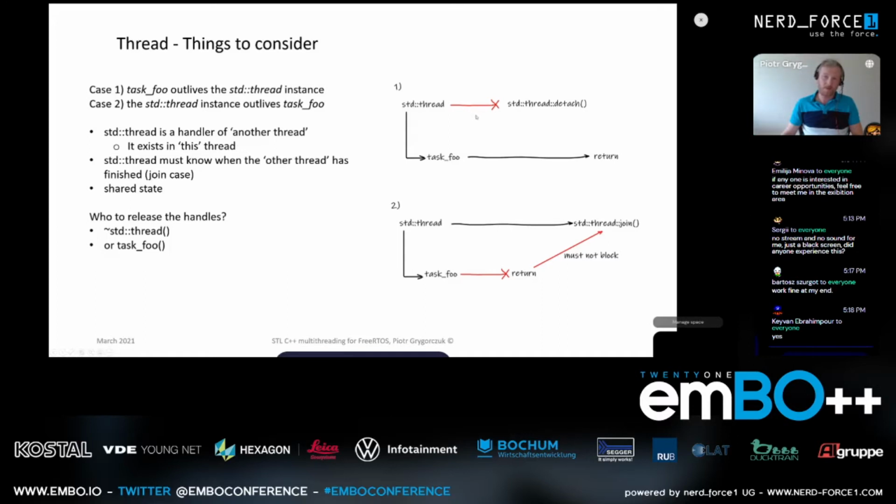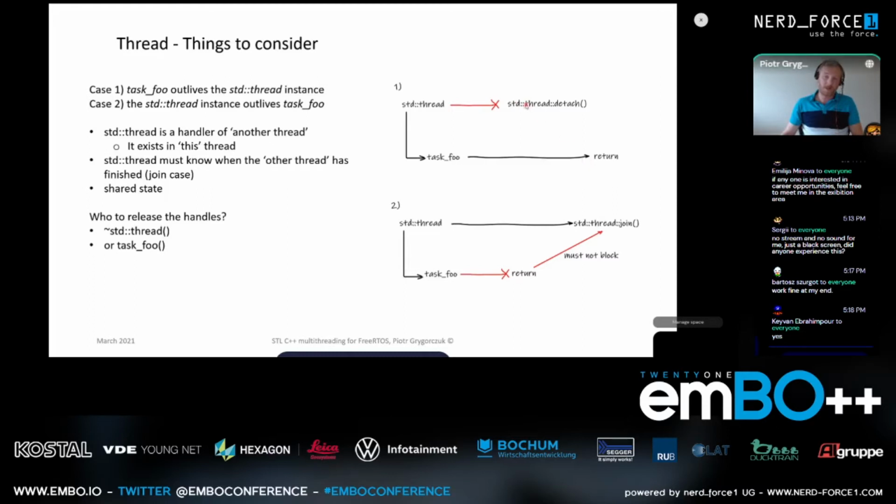Then I came to a problem of when the thread handles shall be allocated and when they should be released. For example, in the detach case, the thread can spawn the thread and immediately after that be detached and the structure could be called, and so the instance of the thread will disappear while the task function is still alive.